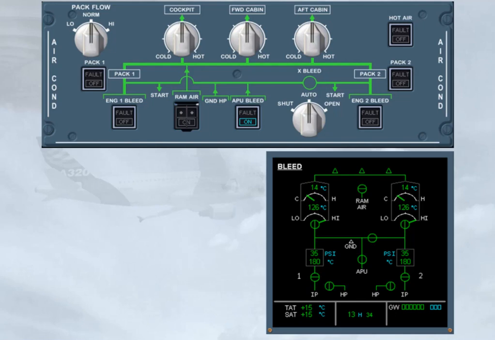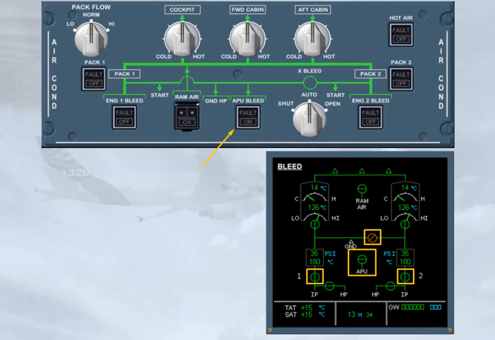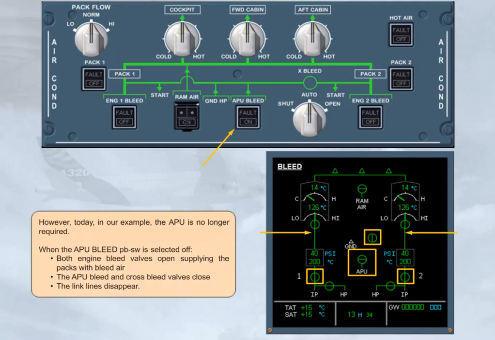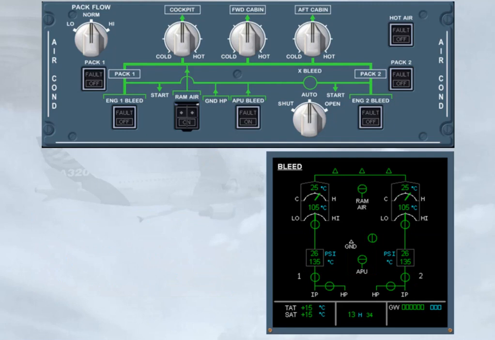However, today, in our example, the APU is no longer required. When the APU bleed push button switch is selected off, both engine bleed valves open, supplying the packs with bleed air. The APU bleed and cross bleed valves close, and the link lines disappear. Notice that the pack flow reduces.